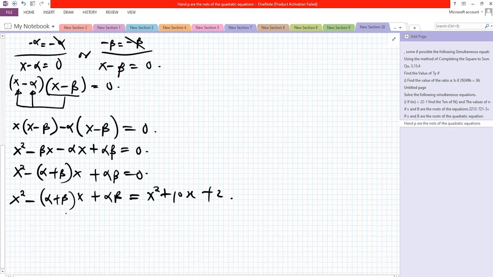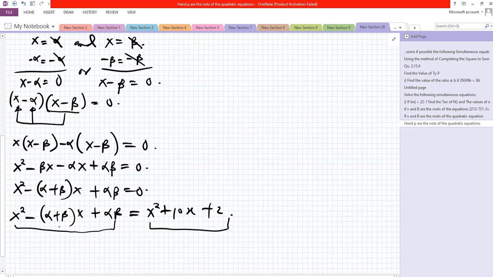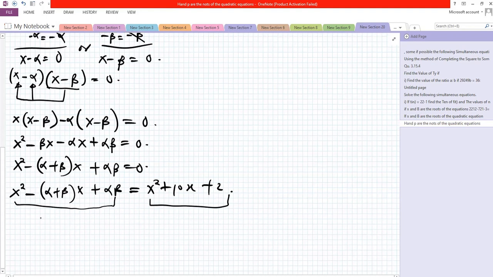Now, since this expression is equal to this expression, the coefficients should be the same. The coefficient of x squared is 1 on this side and also 1 on the other side. The coefficient of x on the left hand side is minus (alpha plus beta), equal to plus 10.